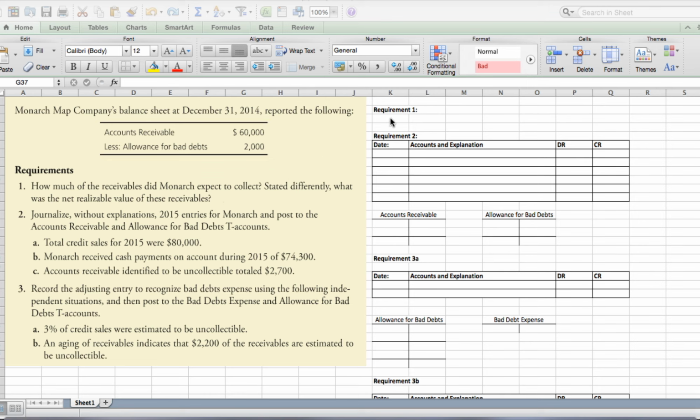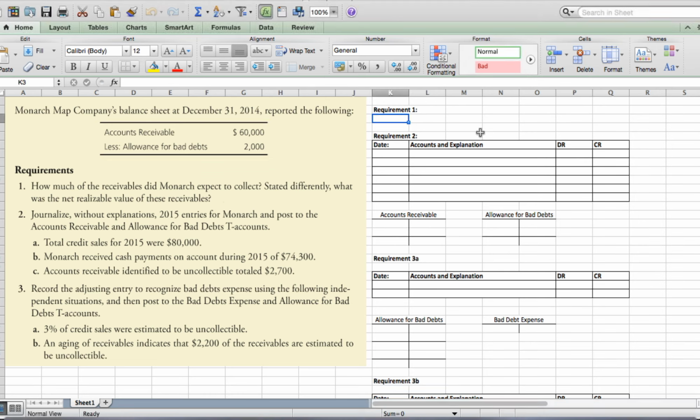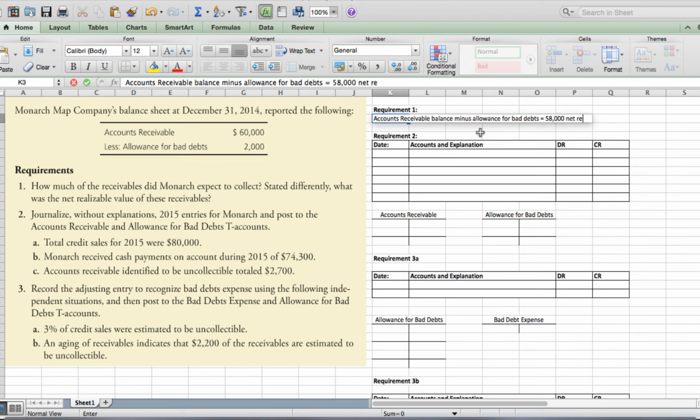So for requirement 1 right here, I would just take my accounts receivable balance minus allowance for bad debts equals 58,000 in this case, which is the net realizable balance.